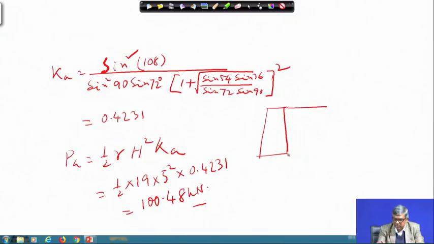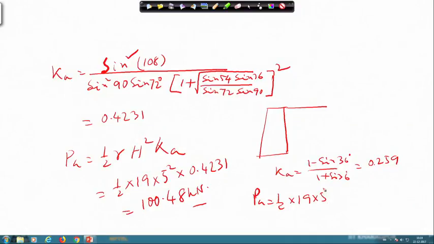If you ignore delta here, we could have got K A as 1 minus sin 36 degree divided by 1 plus sin 36 degree, and that value could have come 0.259, and then your P A could have come half multiplied by 19 multiplied by 5 square multiplied by 0.259. So, whatever the value, it could have come much smaller compared to this one.